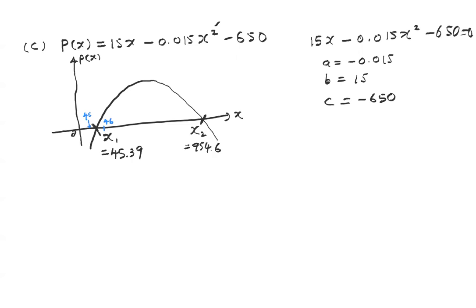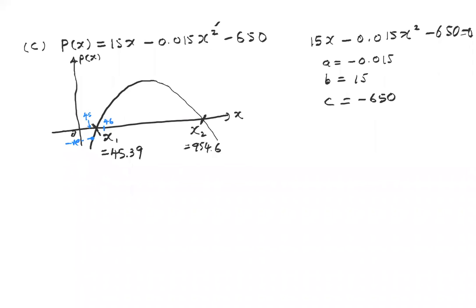You are supposed to round up or round down. You have to round up, because if you put 45, the profit will be negative. So whether to round up or round down depends on the situation.